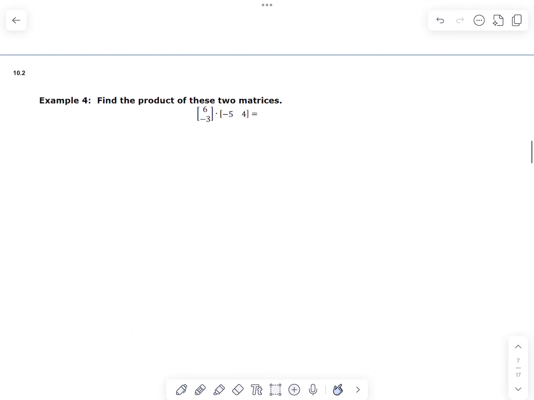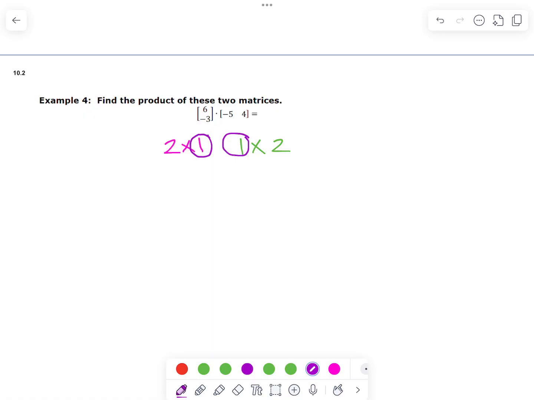Here's another set of matrices to multiply together. The first matrix is a 2 by 1 matrix. The second matrix is a 1 by 2. So we need to see, can we multiply these two together? Yes. The reason why is these two numbers are exactly the same.